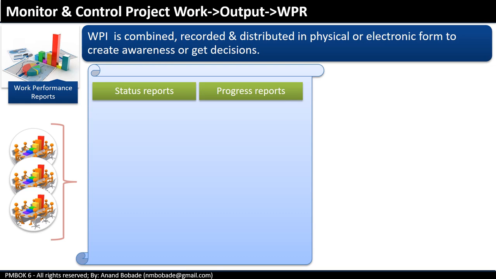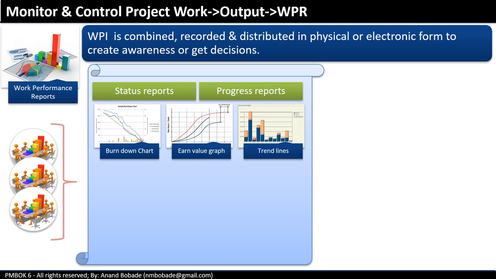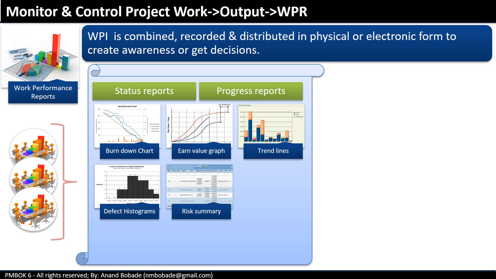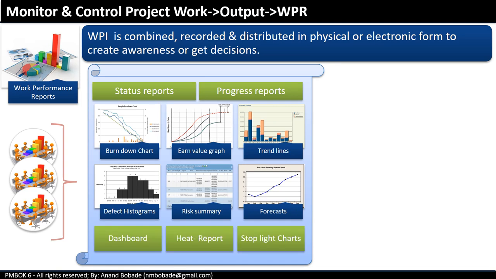Reports can contain, of course, a lot of information, but also information in visual, graphical form. It might be burn down charts, earned value graphs, trend lines, defect histograms, risk summary reports, or forecasts. They can be presented as a dashboard, heat reports, or stoplight chart.